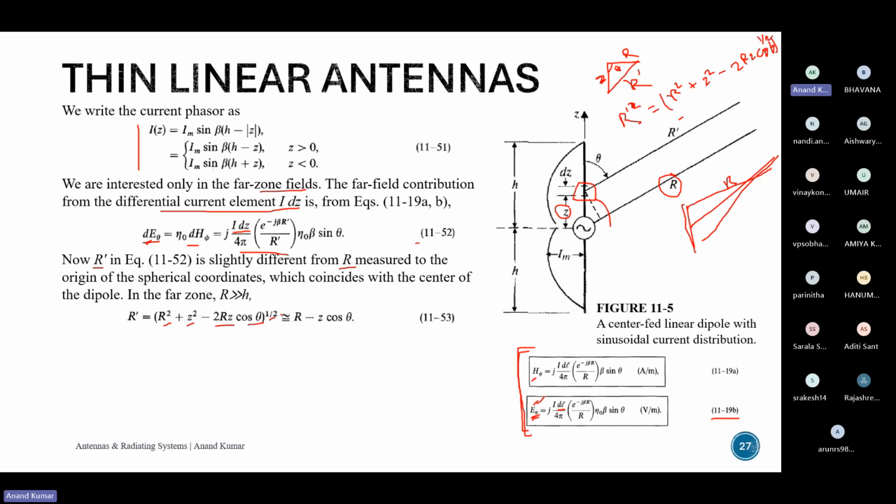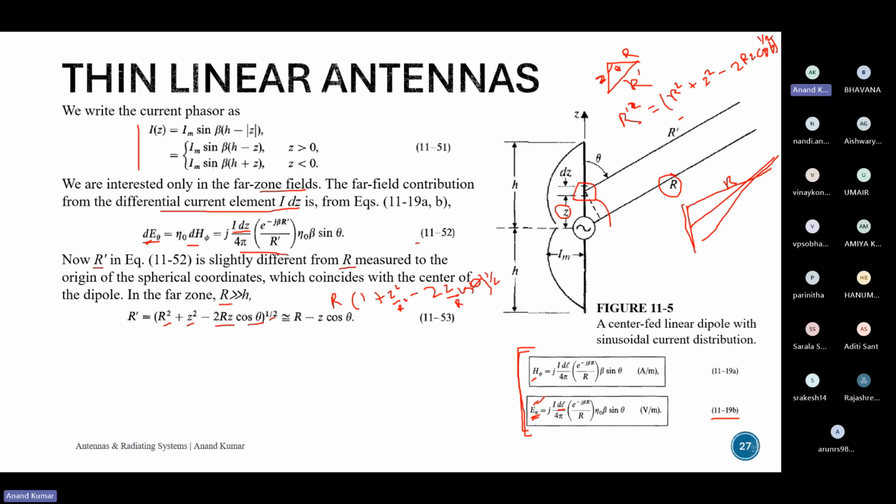Now, using the binomial expansion, there are quite a lot of steps from here to here. What we have done is we have taken this R squared outside, so we get R times 1 plus z squared by R squared minus 2z by R cos theta, whole power 1/2.